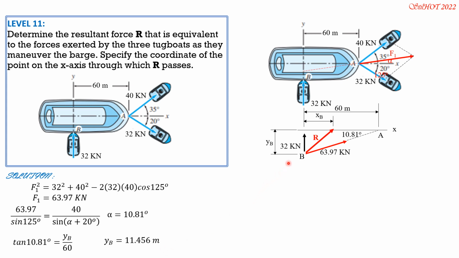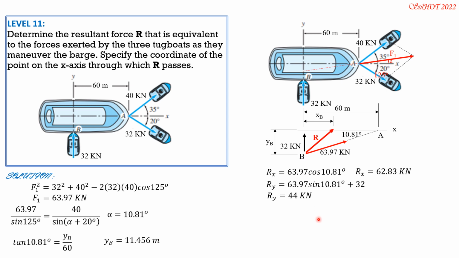Then let's call this beta later. Rx is 63.97 cosine of 10.81 degrees. The 32 kilonewton load has no x component, so Rx is 62.83 kilonewtons. It is represented by this component here. Ry is upward: 63.97 sine of 10.81 plus 32 kilonewtons.